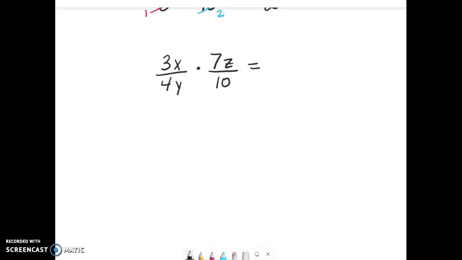So here, multiplying across the top, and then multiplying across the bottom. Now, do I see anything having a common factor that is in opposite locations? So one's in the numerator, one's in the denominator. I don't.